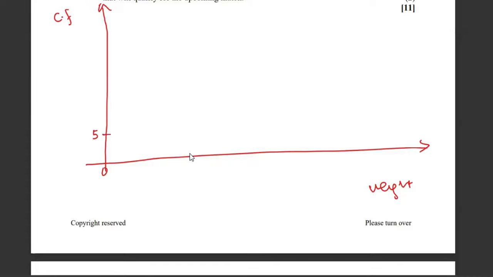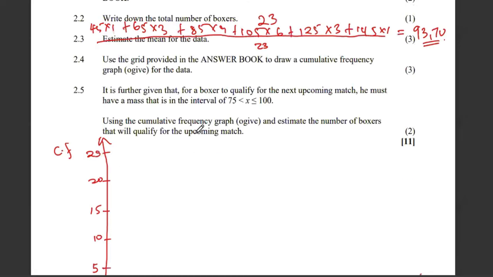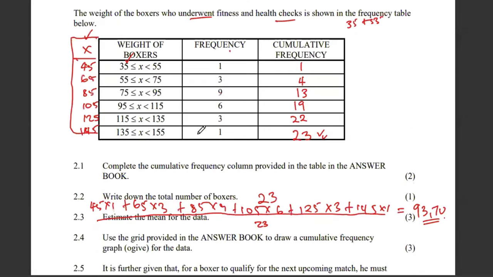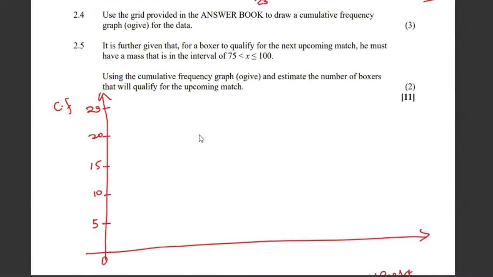Then we go to a 10, and then a 15. Can go to 20, and probably a 25. We know that our maximum is a 23. Yeah? Then with the intervals, we have 1, 2, 3, 4, 5, and probably a 6 intervals, okay?